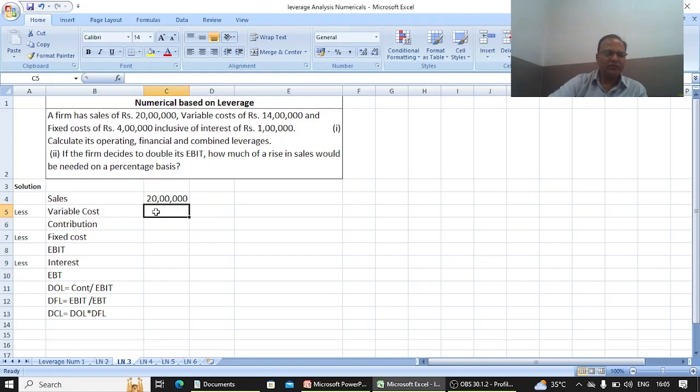Variable cost is given 14 lakh. Contribution 6 lakh. Fixed cost 4 lakh.